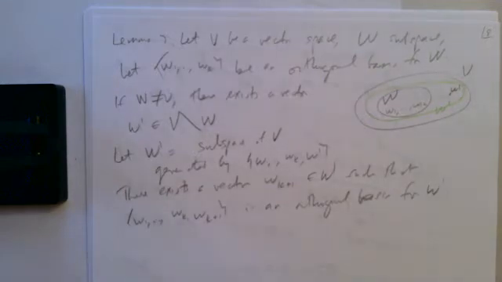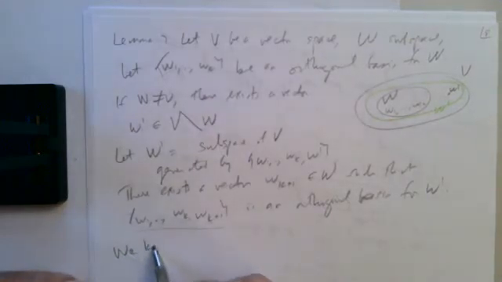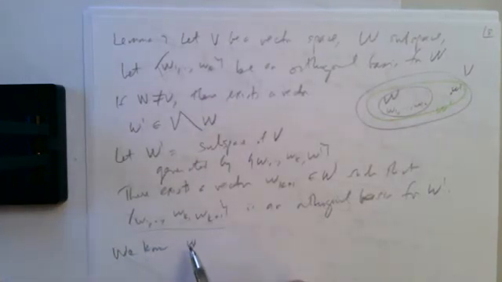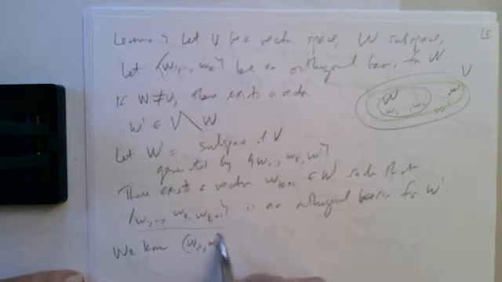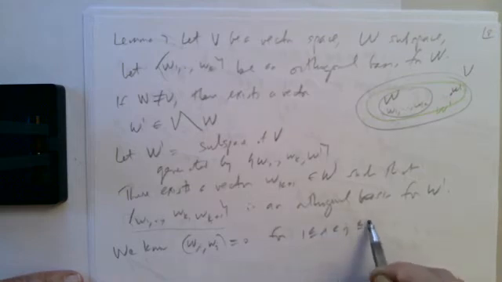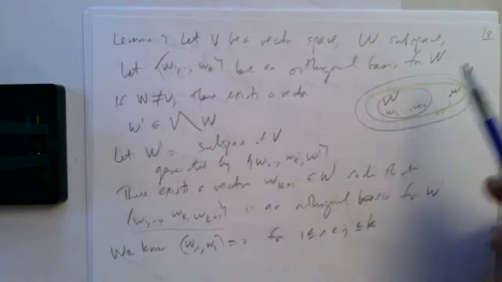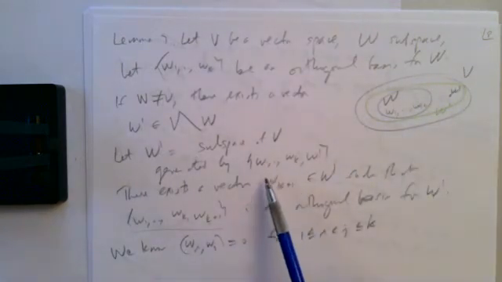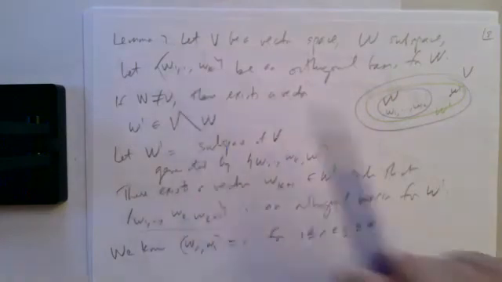And the way we do that is, so I want to have a vector such that this larger set is orthogonal. So we know Wi, Wj, the inner product is 0 whenever i is different from j, and i and j are between 1 and k, because my original K vectors are orthogonal.